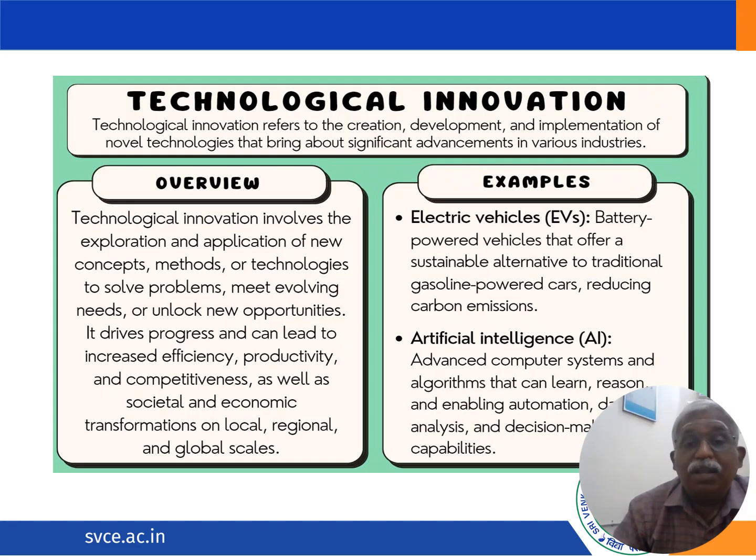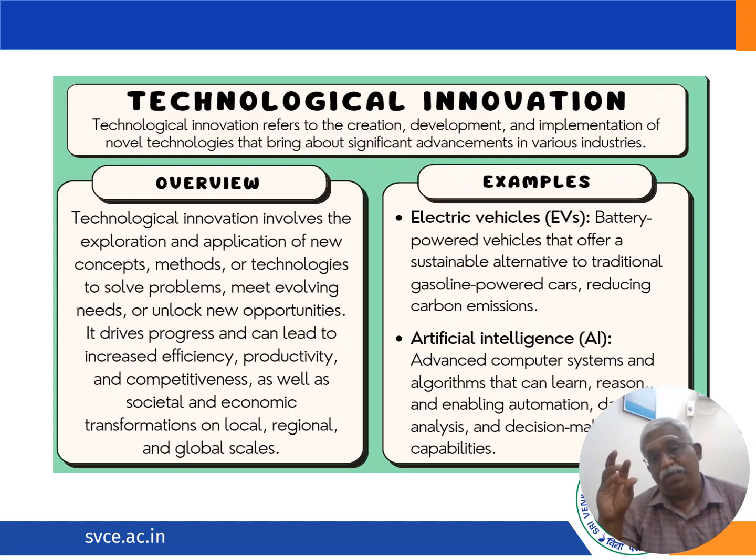Another one, artificial intelligence: advanced computing systems and algorithms that can learn, reason and enable automation. Because of automation, sometimes manpower reduction is possible.